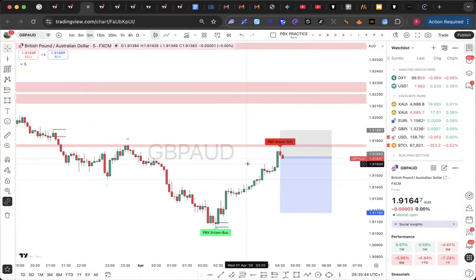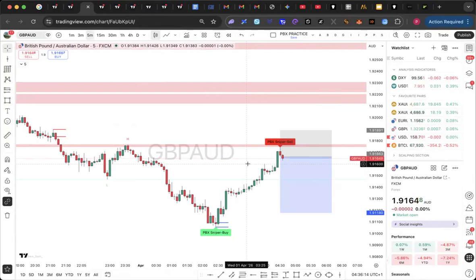So you have to set your profit there. What's that? GBP AUD. You will just discover that it's just a mere pullback. Okay, I've just sold, for instance. So what we say is we wait for the third candle to actually close.